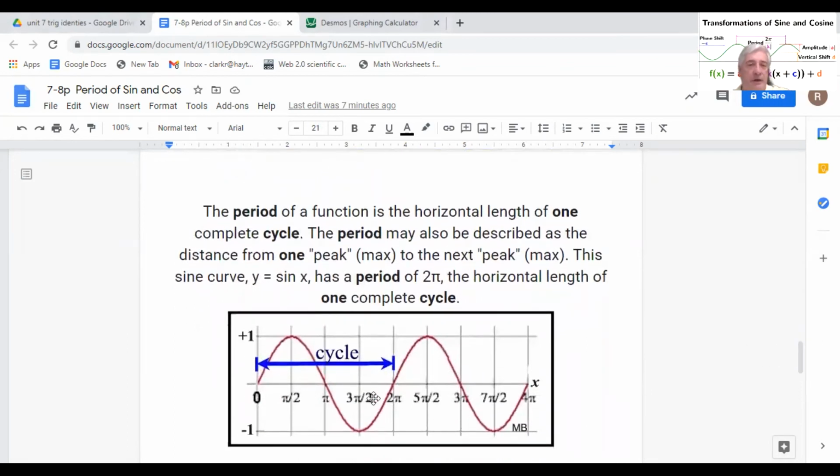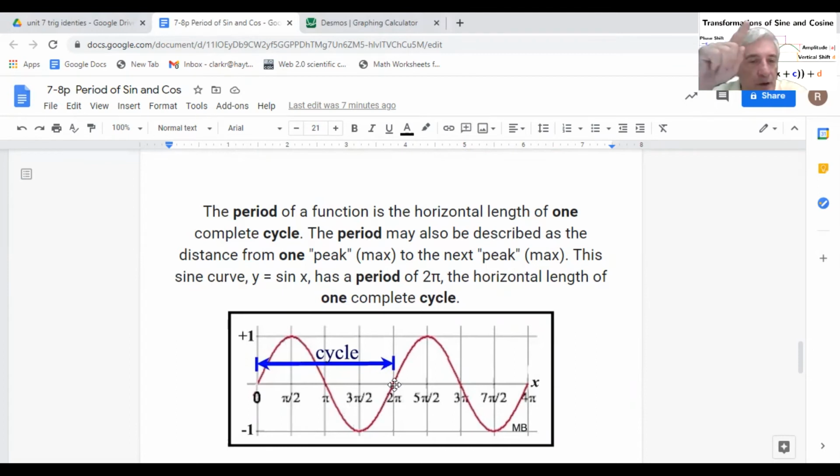What do I mean by a period? It's 1 up hump and 1 down hump, complete. You start here, you go up, you go past the x-axis, you go down, you come back to the x-axis. That's a cycle. That's a period.